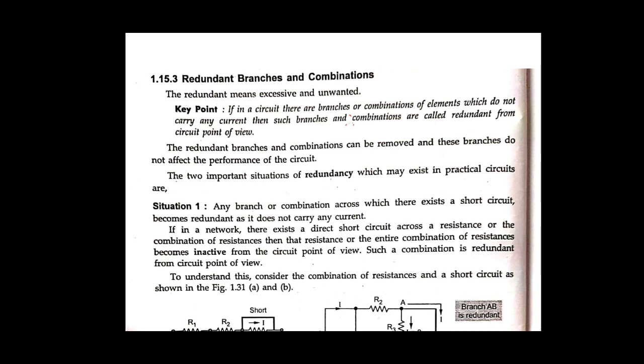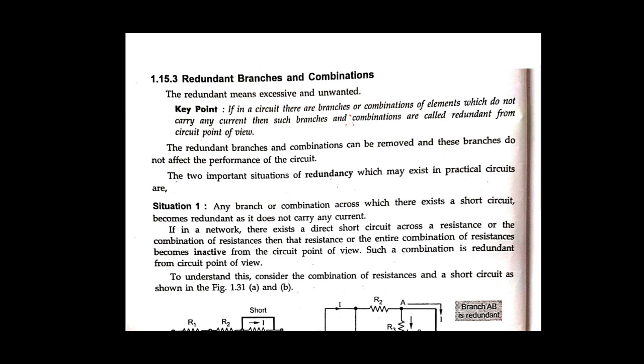So while simplifying the network, we should remove the redundant branch. After removing it, there is no effect on the performance of the circuit, because no current is flowing.